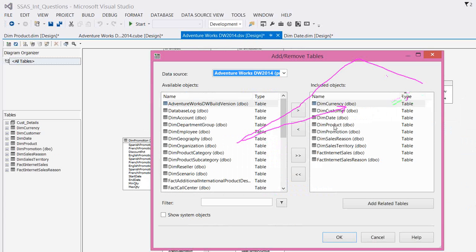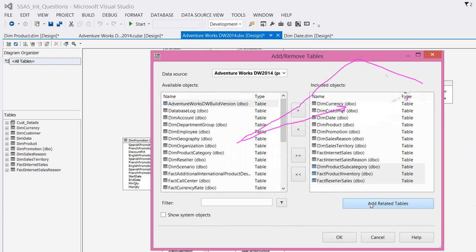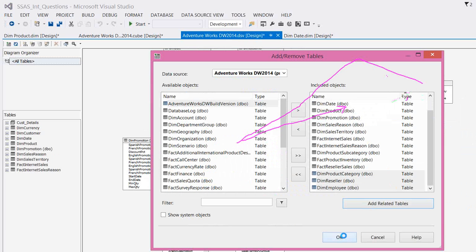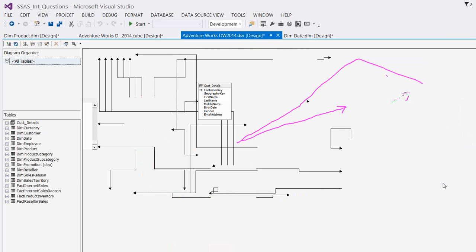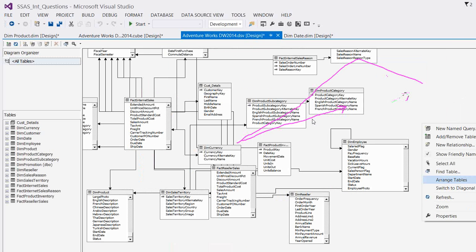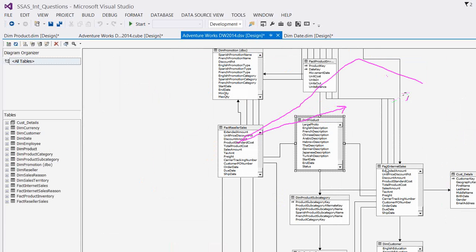I'm taking dim product. Okay, so I've added a couple of other tables, and let me arrange all these tables by using the option arrange tables. If you see, dim product is directly related to the fact internet sales. So these two are directly related. And when you come to the dim product category and subcategory, this is not directly related.